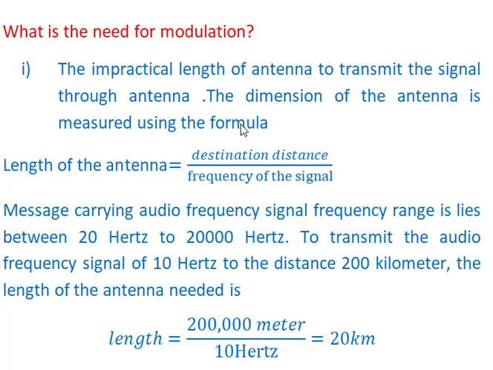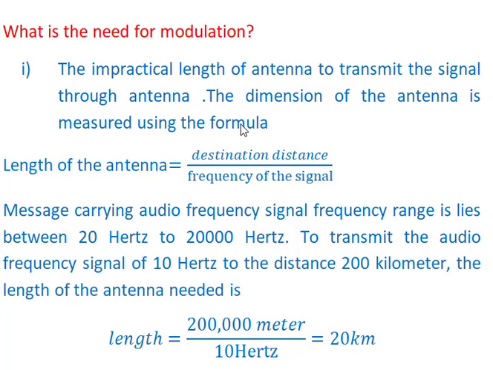To transmit over a long distance, we need a lengthy wire, a long wire, but it is impractical. The next option is to transmit this signal generated by us through an antenna. But the dimension of the antenna is equal to the destination distance, meaning where we have to send our data, and then the frequency of the signal.